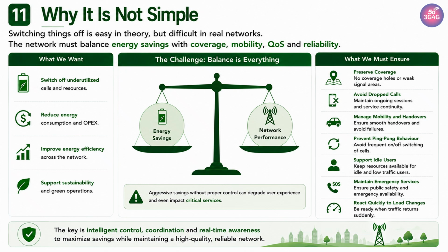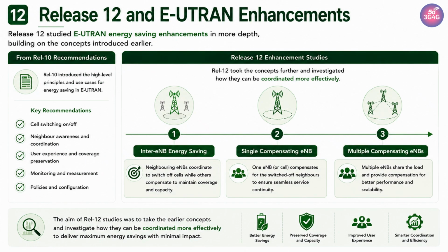And finally, the network must react quickly when load returns. This is why energy saving is a balancing act. On one side, we have energy savings. On the other side, we have network performance, coverage, mobility, QoS, and reliability. The key is intelligent control, coordination, and real-time awareness.